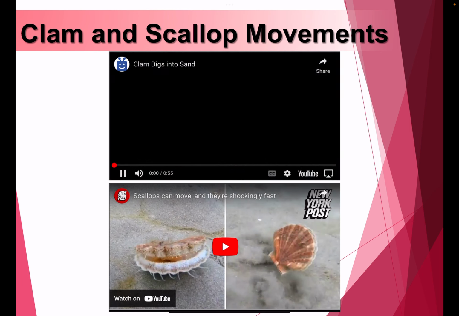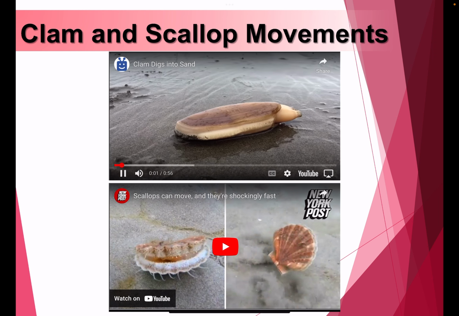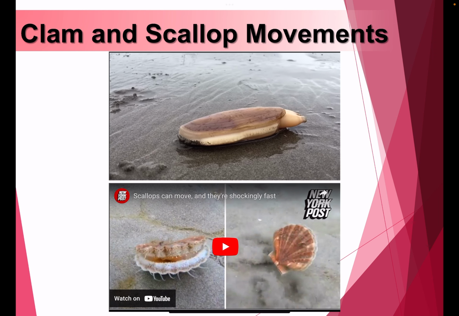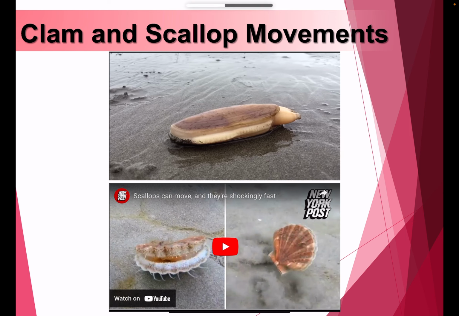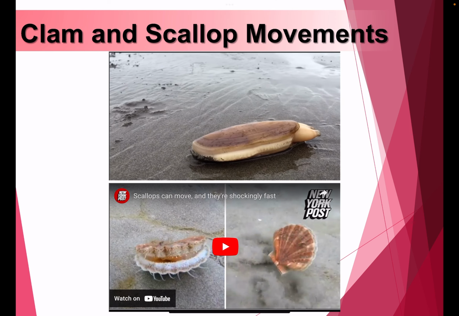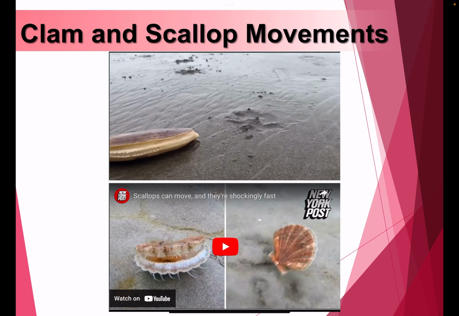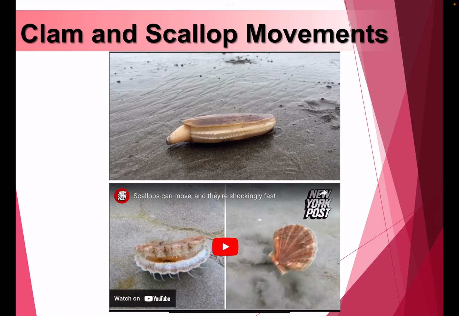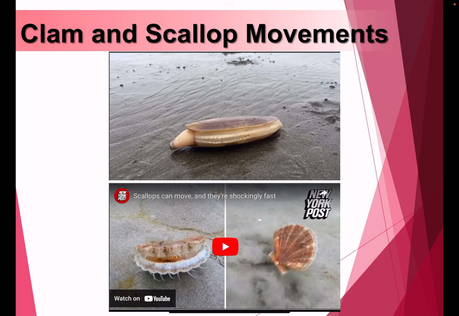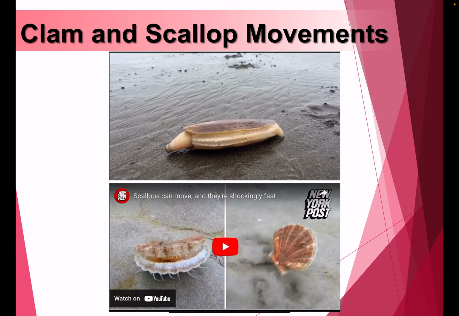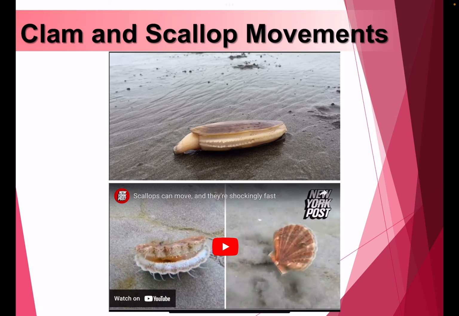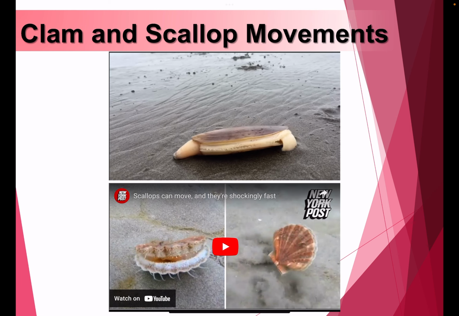So this is the clam movement. You see how there's that little thing sticking out at the end? In the beginning, it's kind of slow, but it will eventually move. It senses danger: I'm out in the open, I've got to burrow inside.